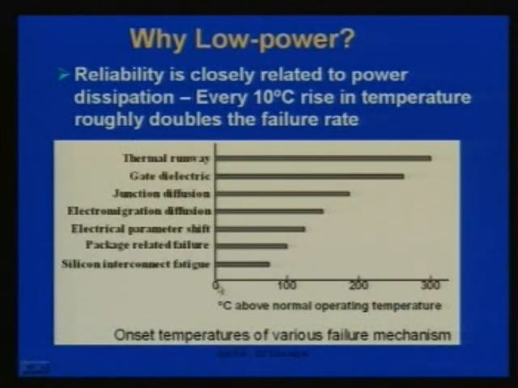The reason for that is very clear from this onset temperature of various failure mechanisms. Within the chip, various failures can take place, like failures due to silicon interconnect fatigue, package related failure, electrical parameter shift, electromigration diffusion, junction diffusion, gate dielectric breakdown, and thermal runaway. These are the typical temperatures in degrees centigrade above the normal operating temperature.